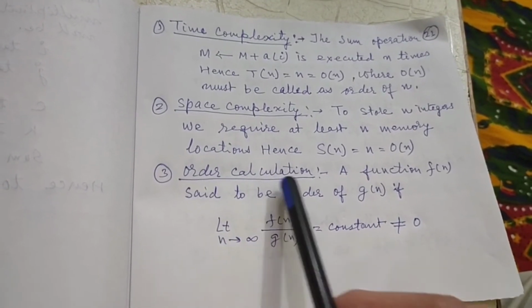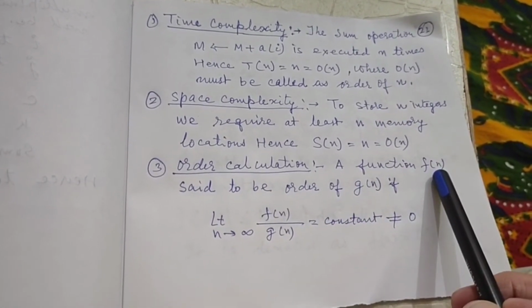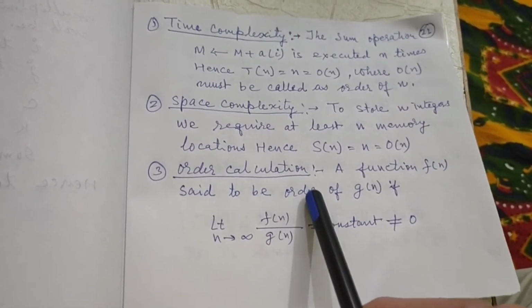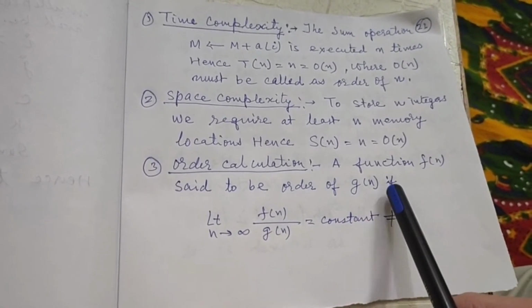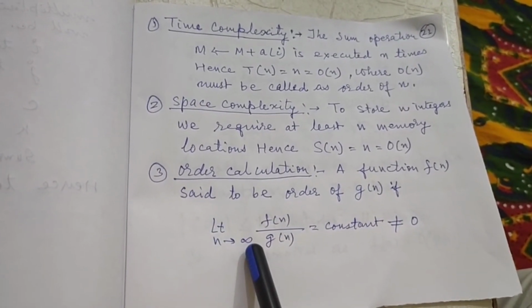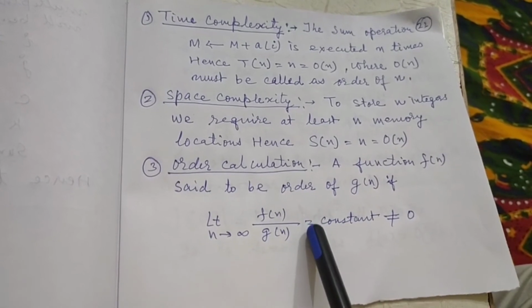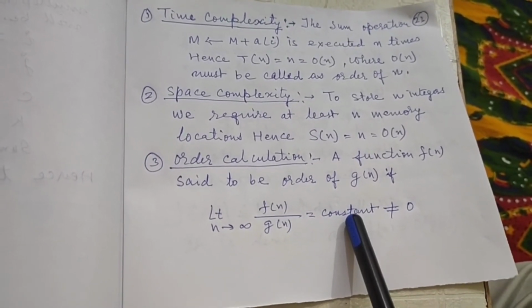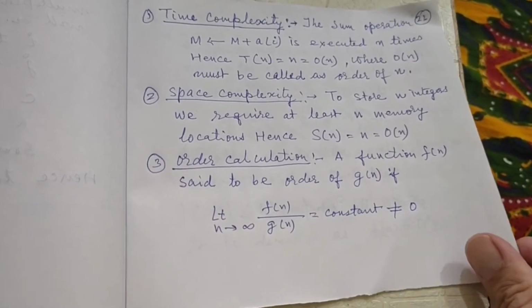Order calculation. A function f(n) is said to be order of g(n) if limit n tends to infinity, f(n) upon g(n) will be a constant which is not equal to 0.